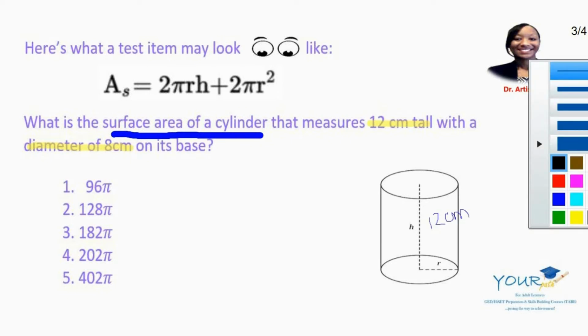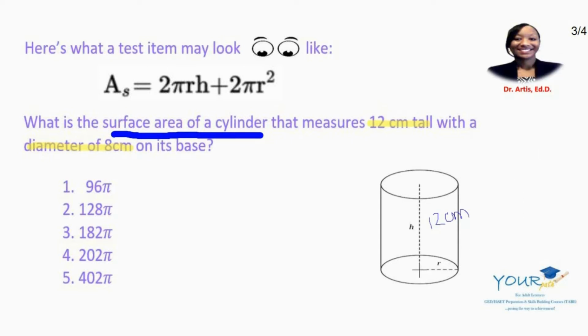Now the diameter is actually located here. This is the diameter of the cylinder, and we know that this is 8 centimeters. However, we need to find the radius, which we can find using the formula for diameter.